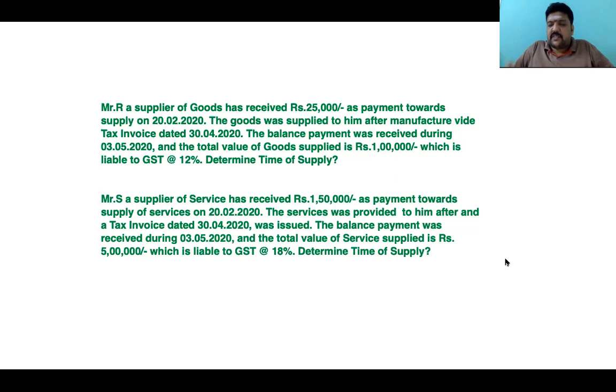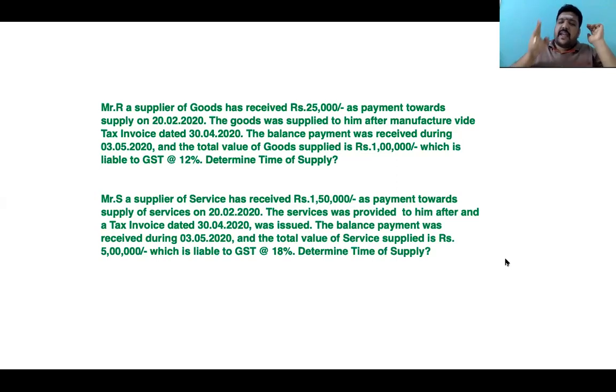A tax invoice was issued on 3/4/2020 for rupees 5 lakhs, and the time of supply will be the date of issue of tax invoice or date of receipt of payment, which is 3/5/2020. Of these two, whichever is earlier, which will be 3/4/2020.